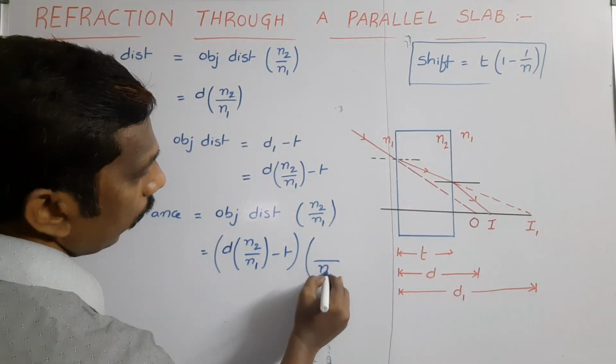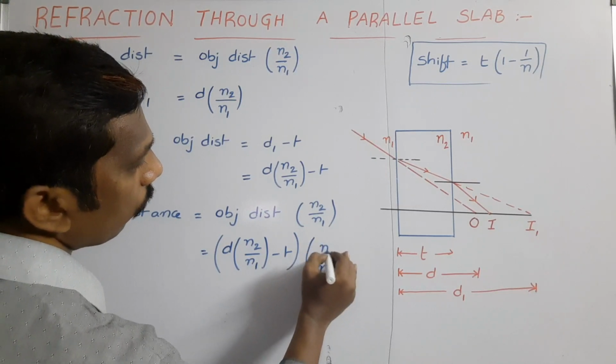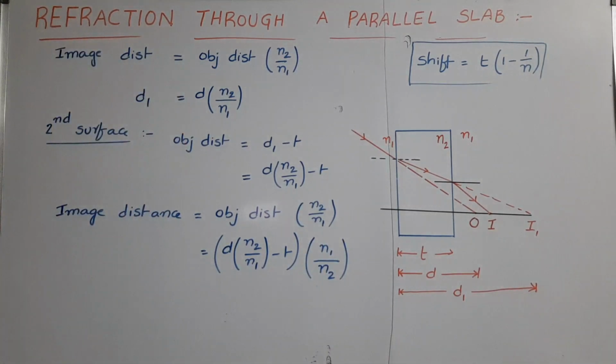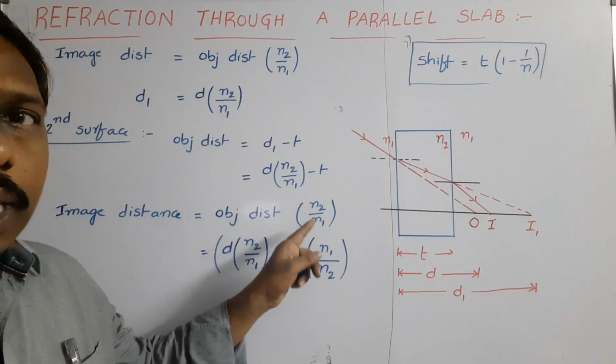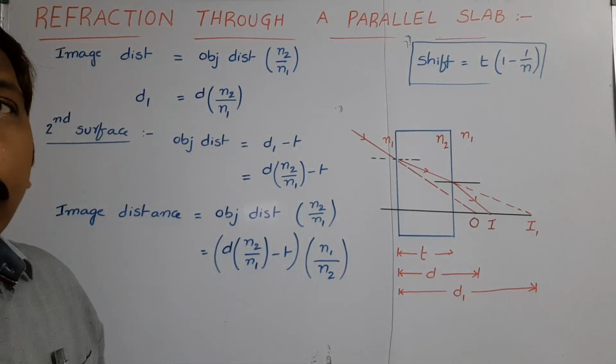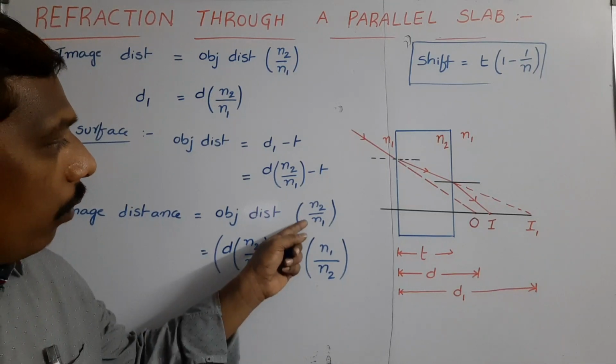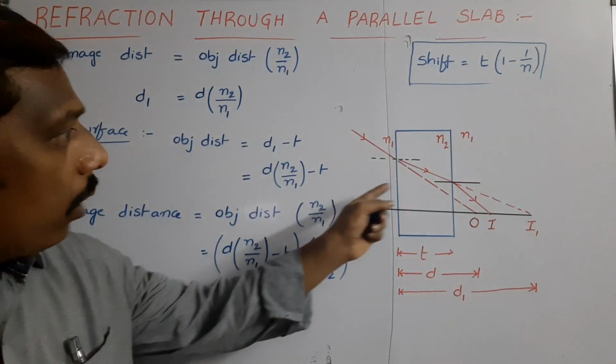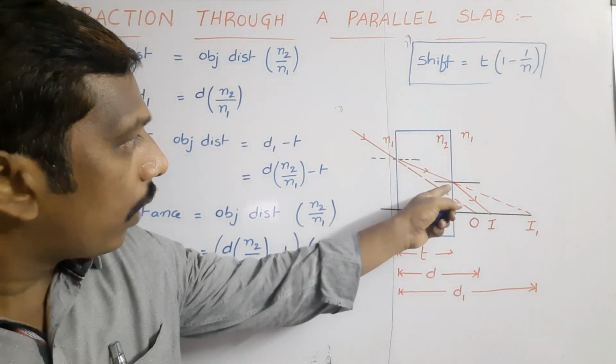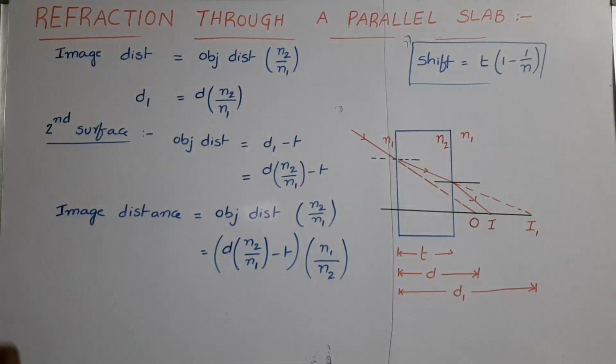So that's why here n2, here n1 we can get. Understood here? So n1, n2 means n1 is the refractive index of the medium in which the light ray travels first. Here it first travels in this refraction. So we can write like this.